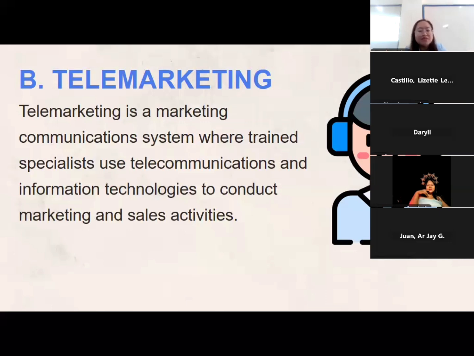Or this technology automatically makes multiple calls and connects only the answered calls to agents. For instance, companies selling subscription services might use predictive dialing to ensure that their agents are always talking to a live person. It improves efficiency. This system shows the caller's details on the screen before answering the call.